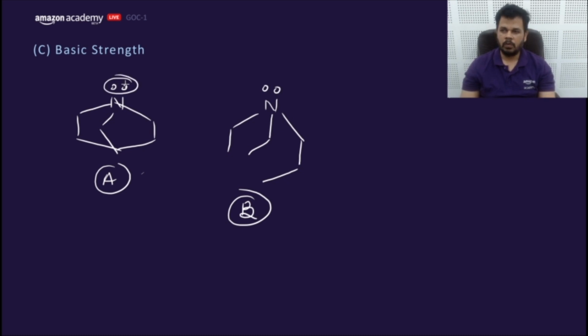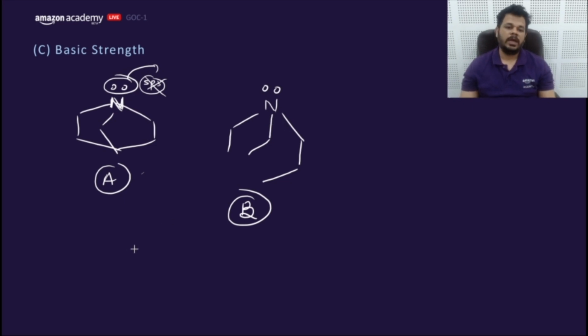If it is bridged, it can donate its lone pair, yes, because it will be sp3. There is no Bredt's rule here, because Bredt's rule is applicable on the bridgehead atom which is becoming sp2. This is not sp2, this is sp3, and this is also sp3. Both are sp3. No one is sp2 here.